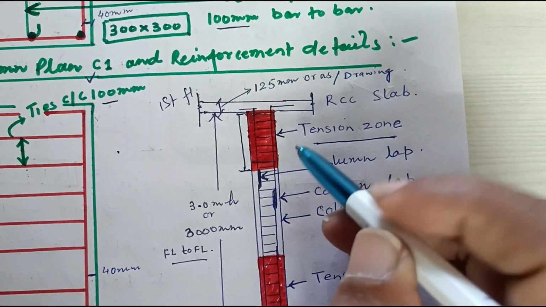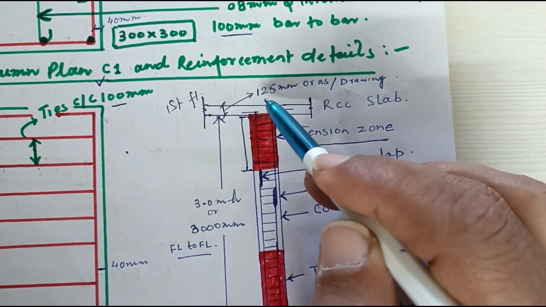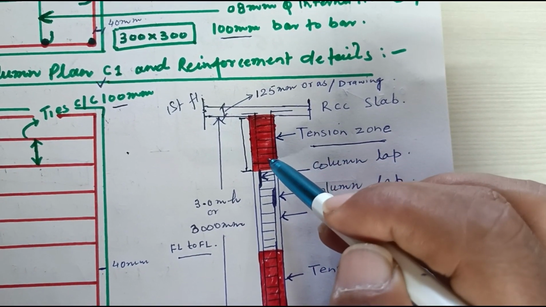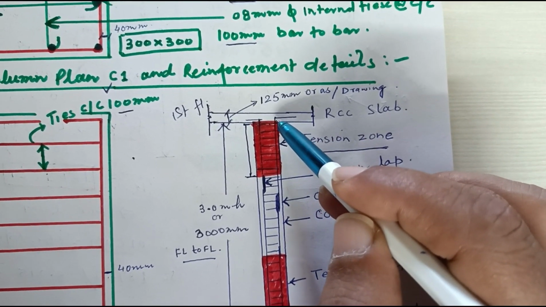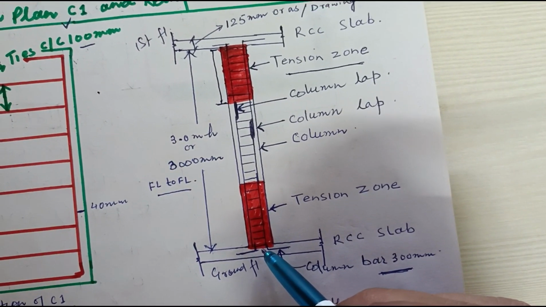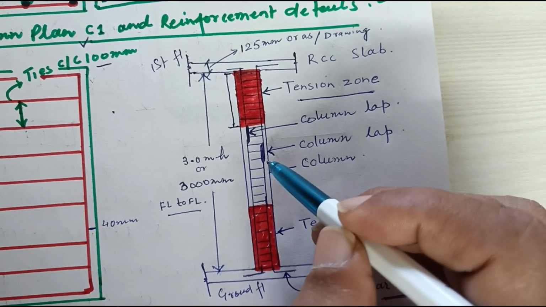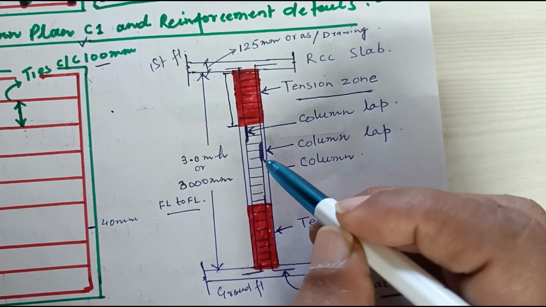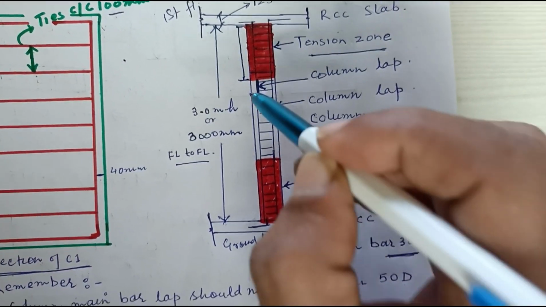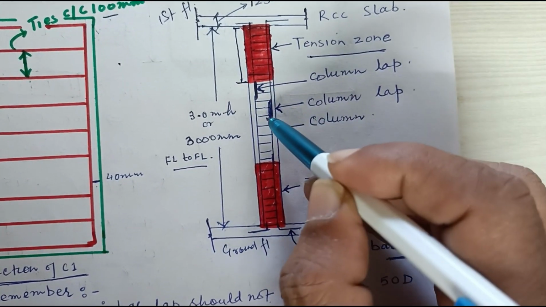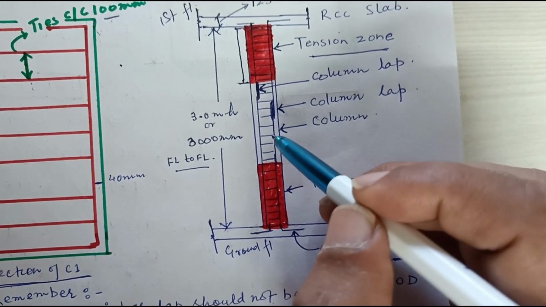Suddenly tensile force and compressive force come here, so we should not give the lap below the slab on both sides. The lap shall be in the middle of the column height, or it should be alternate also. As I have mentioned here, one lap is here and one lap is here. This is alternate. And how much?